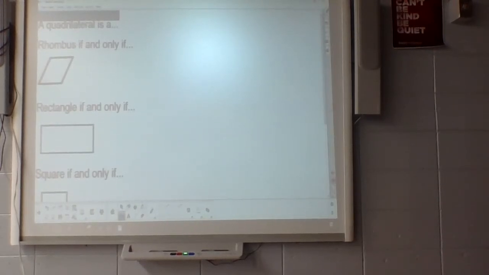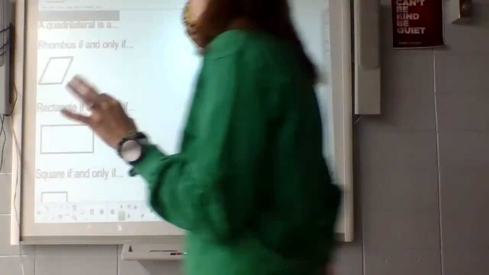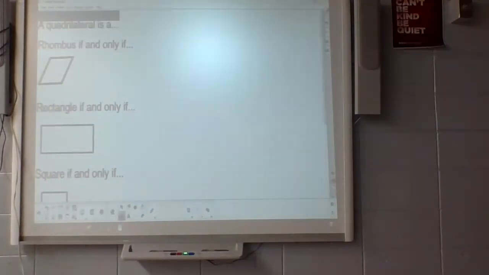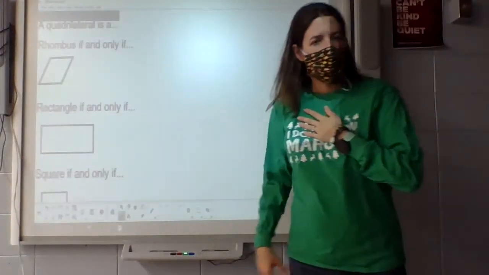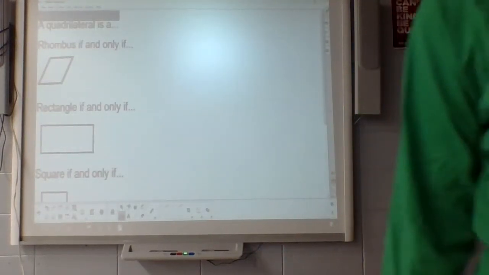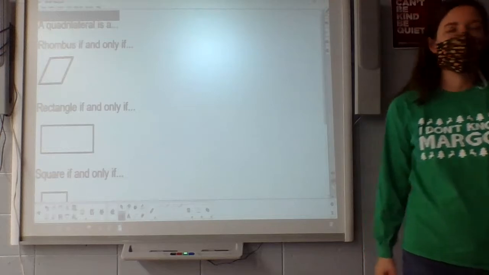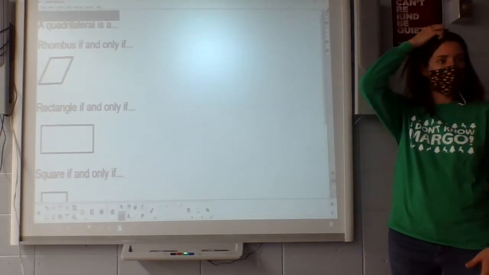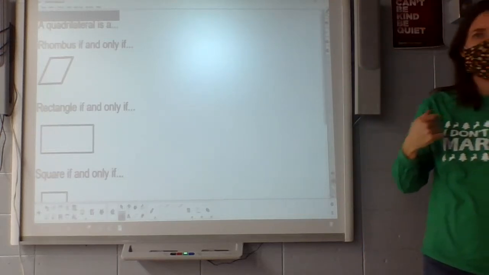In order for a quadrilateral, a four-sided figure, to become a rhombus, do you know what's true of a rhombus? This is a rhombus. Any guesses on what you know about a rhombus? Two sides are equal to each other.